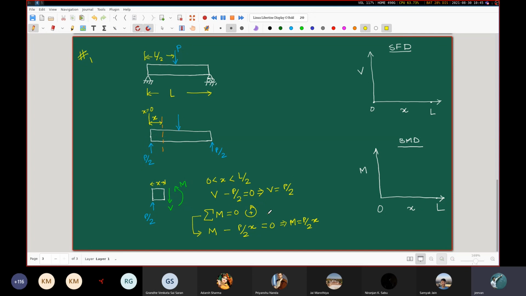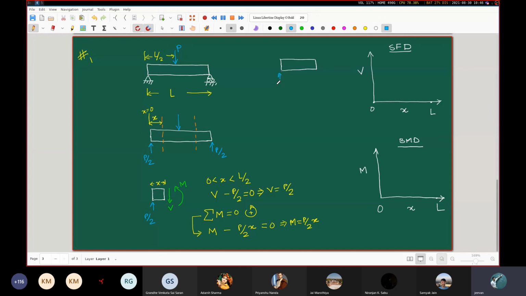Now you tell me, if we go to this other zone, when L by 2 is less than x less than L, we have to take a cut section like this. For that, our free body diagram will look like this.